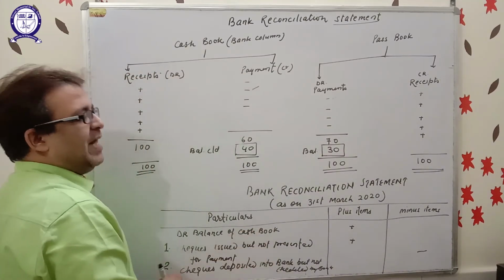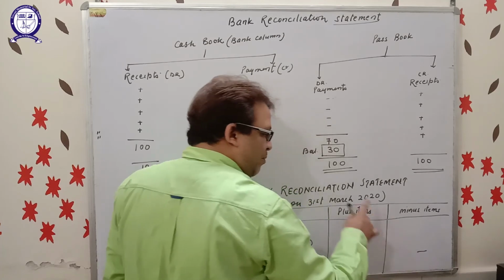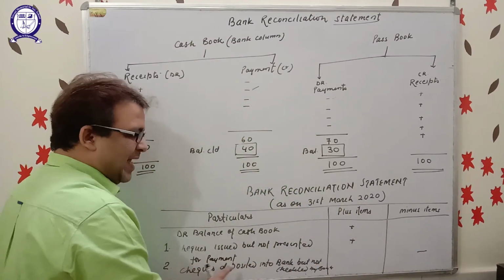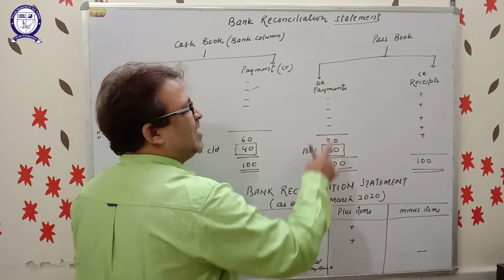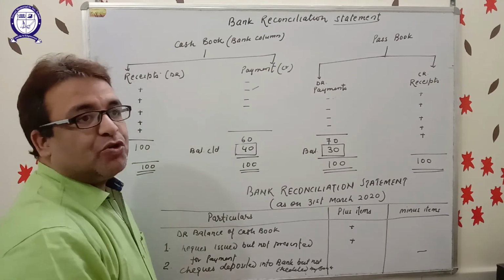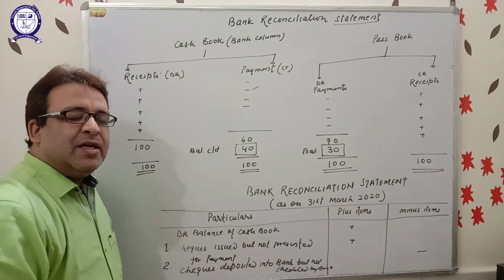But if the minus items total is more than the plus items total, that means minus balance as per passbook. Minus balance means debit balance as per passbook. So this is how to prepare bank reconciliation statements.